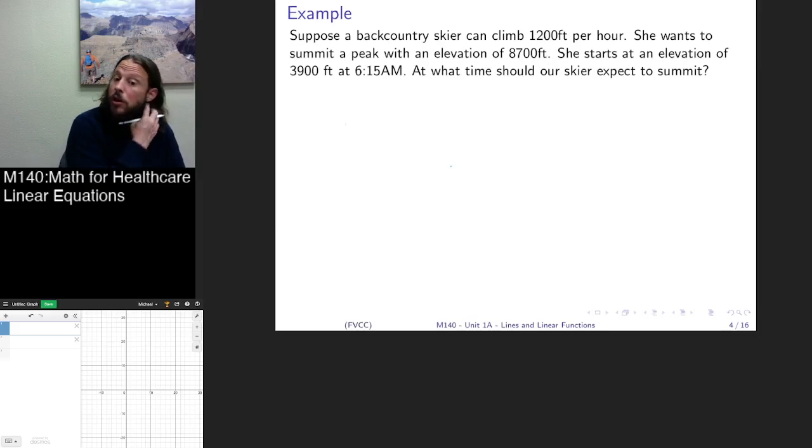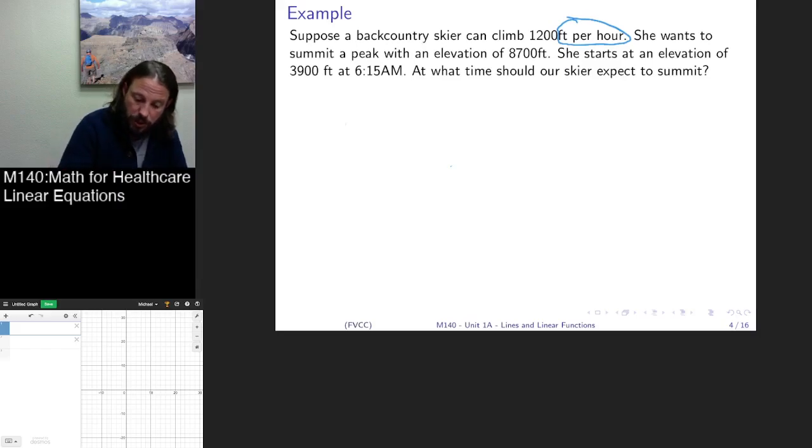All right. Well, I think one big giveaway in a lot of problems is to look at units and notice it's changing by 1,200 feet per hour. So that means we need a relationship between feet and hours.